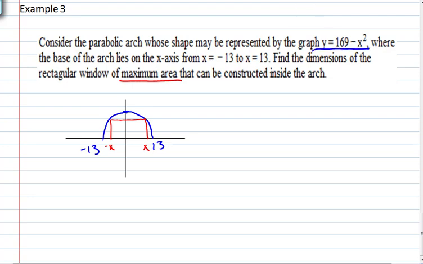Maximum, primary is in red, secondary is in blue. Thank you. Why don't I write it out? Primary equation, remember, is what you're going to take the derivative of.